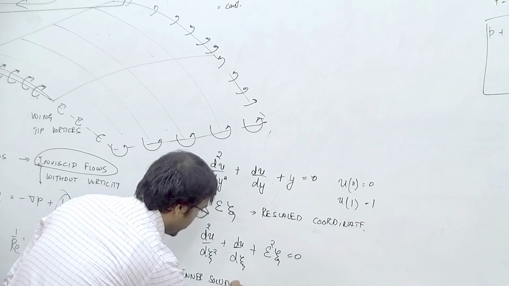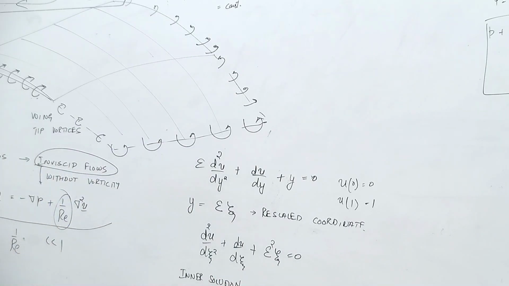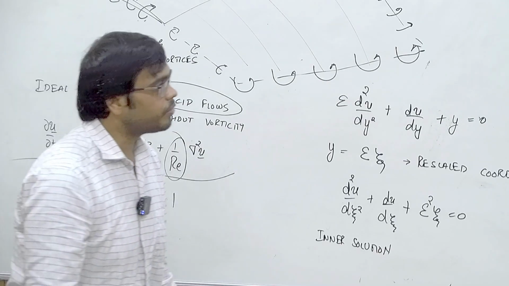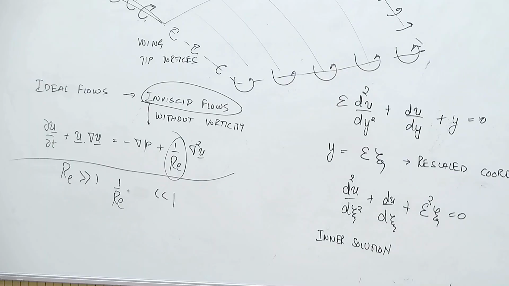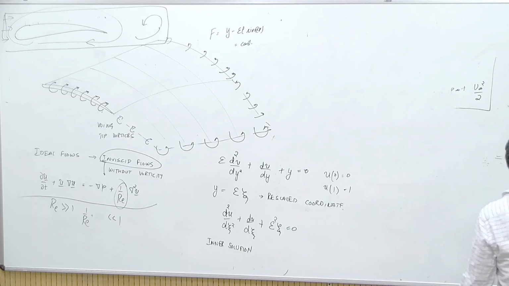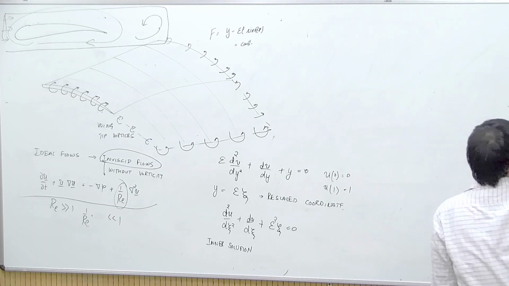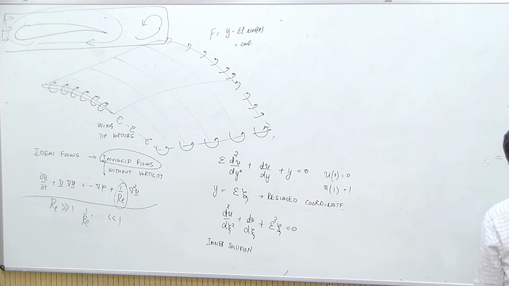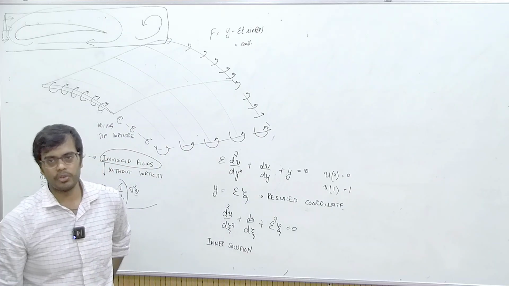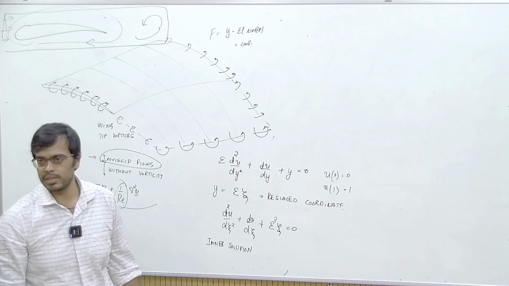And to get the inner solution from our Navier-Stokes equations, we have to find a way to rescale our coordinate. Okay. We have to find a way to rescale our coordinate, and that brings us to the beginning of the boundary layer theory. Why is boundary layer theory important? As we saw in this flow past a wavy wall, there will be no force on this wavy wall if you solve only the inviscid flow past this wavy wall.